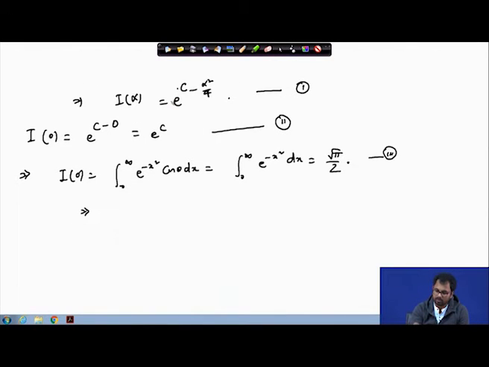So the c will come here, and this will be c times e to the power minus alpha square by 4. It's all about playing with the arbitrary constant.